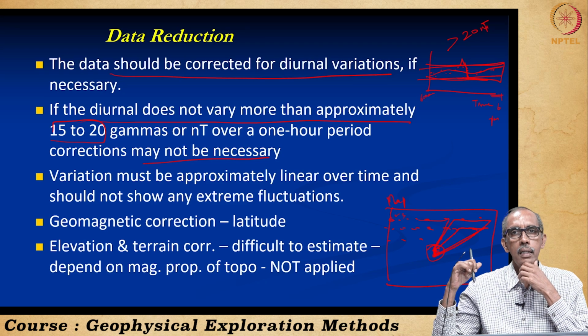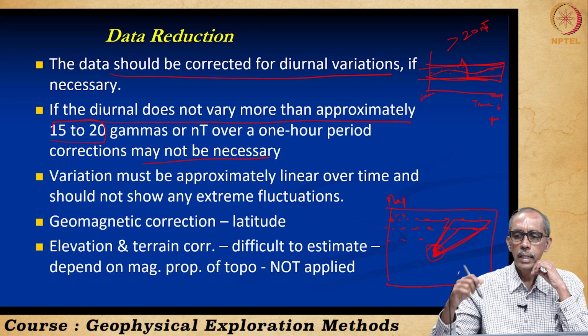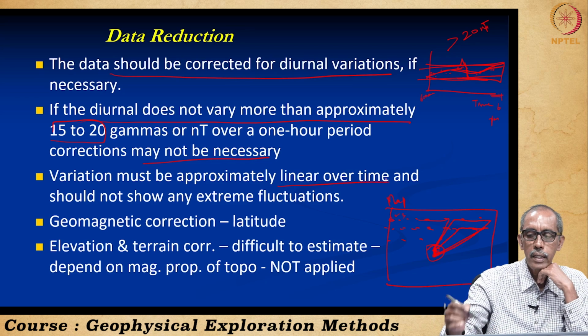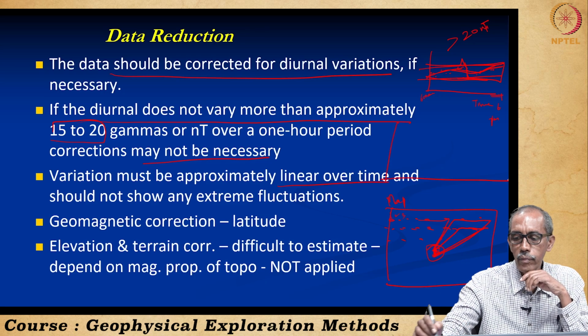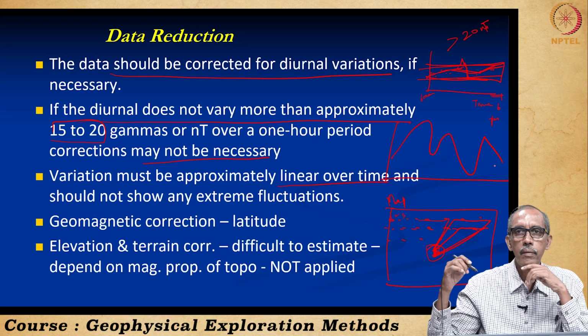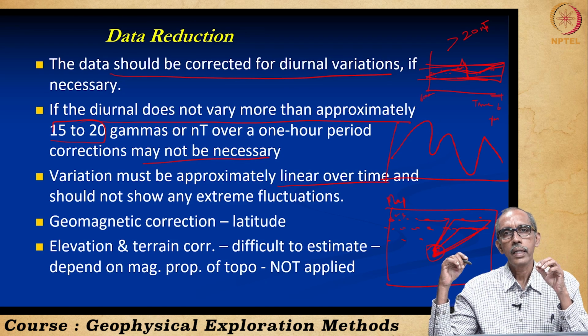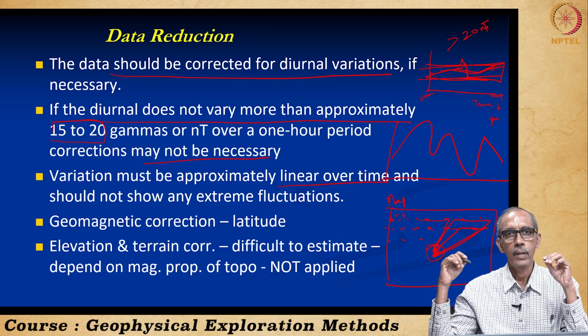Generally the diurnal curve needs to be approximately linear over time, as I have drawn here. It should not show extreme variations, something like this. If it is showing extreme variation, it is advisable not to carry out magnetic survey during such times. We have to wait.